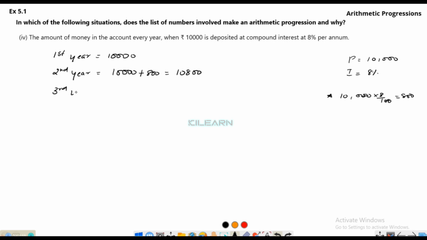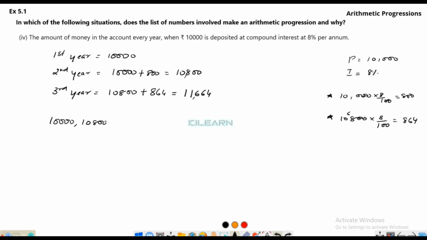Again for the third year, the principal amount now is 10,800 plus the interest, which is 10,800 times 8 by 100. That is 864. If I add these two, I get 11,664 rupees. So the first year amount is 10,000, the second year 10,800, the third year 11,664.